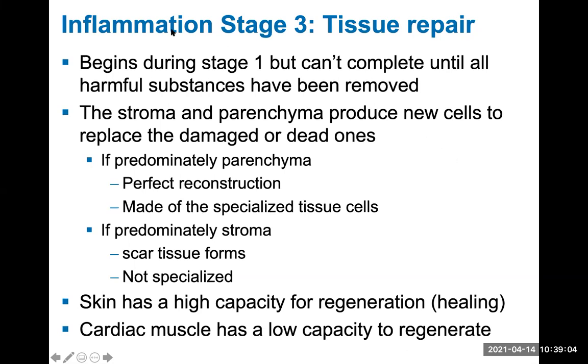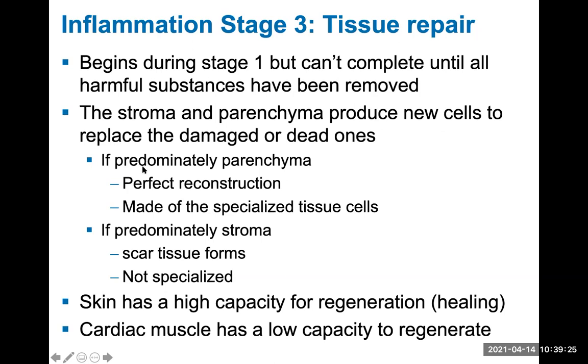But again, remember, tissue repair starts immediately during stage 1, but it's not able to be completed until all the harmful substances or microbes have been removed and the immune response itself is diminishing. The stroma and the parenchyma produce new cells to replace the damaged cells.